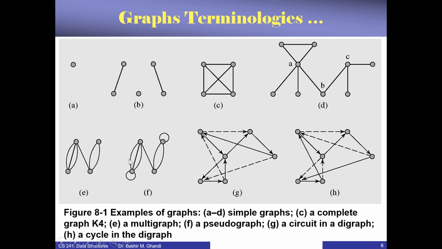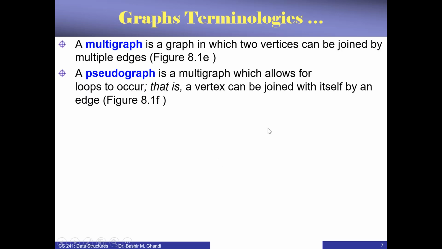So this type of graph is called a pseudograph. Again, we shall not be studying pseudographs in this course. Our concentration will simply be on directed and undirected graphs. Okay, so that's what the second definition here is saying. A pseudograph is a multi-graph which allows for loops to occur. That is, a vertex can be joined with itself by an edge.